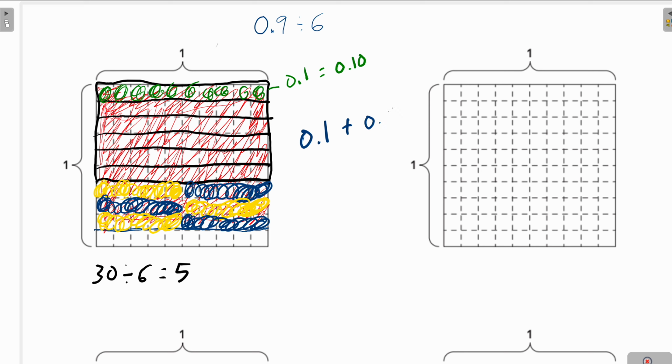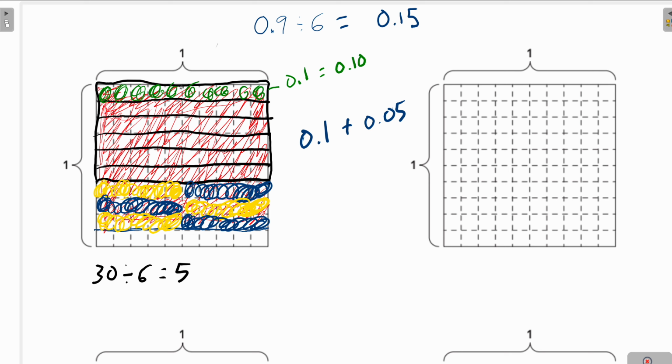Okay. So 1/10 and 5 hundredths, that's going to be equivalent to 15 hundredths. Okay, so 9/10 divided by 6 is equal to 15 hundredths.